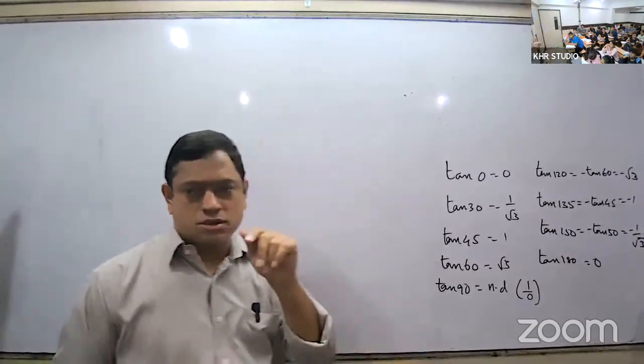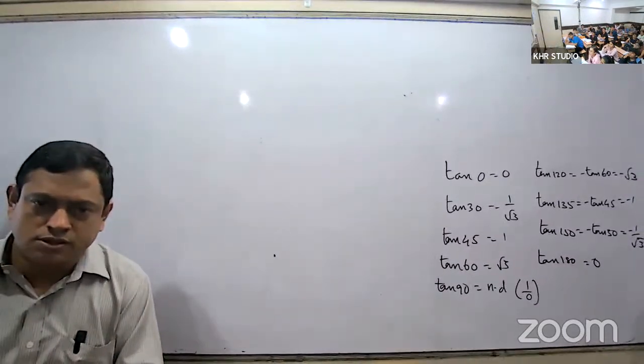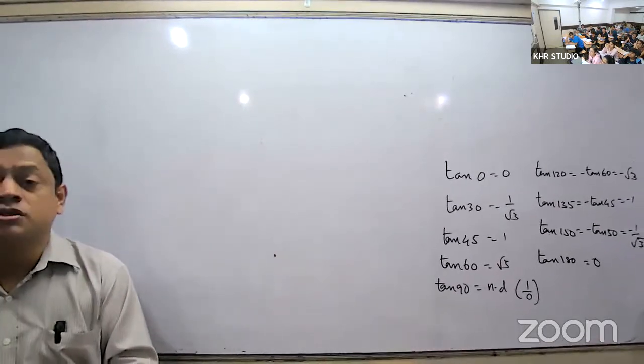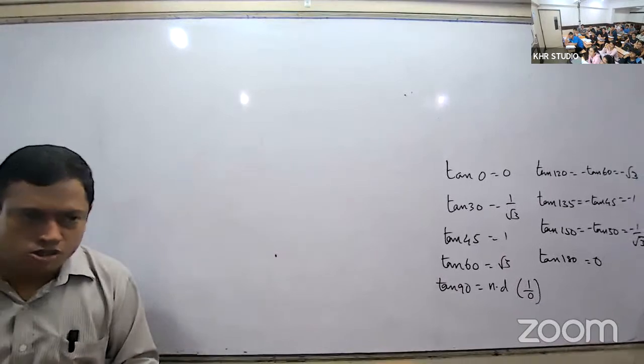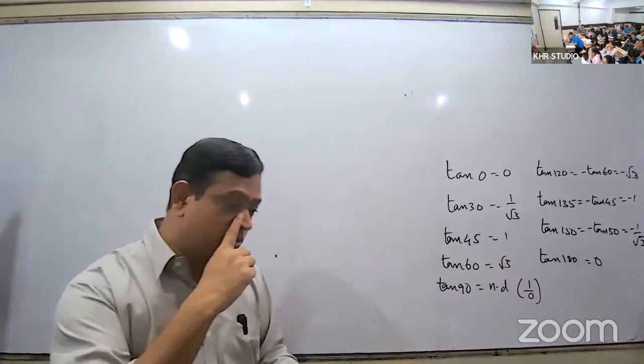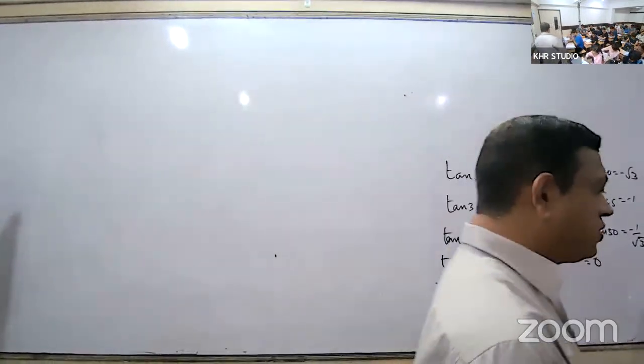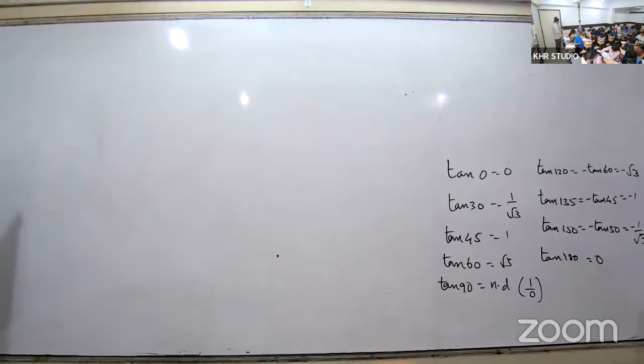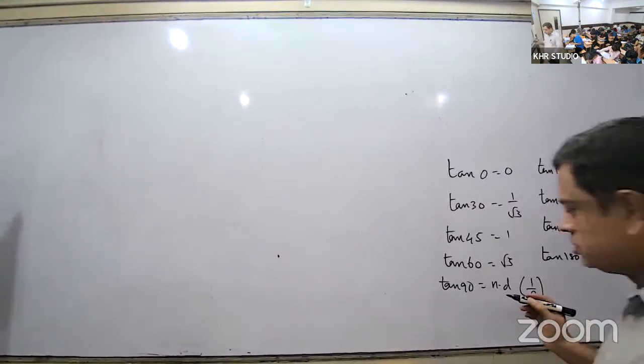Now next is what is the slope of the x-axis? Slope of the x-axis is tan 0, which is equal to 0.